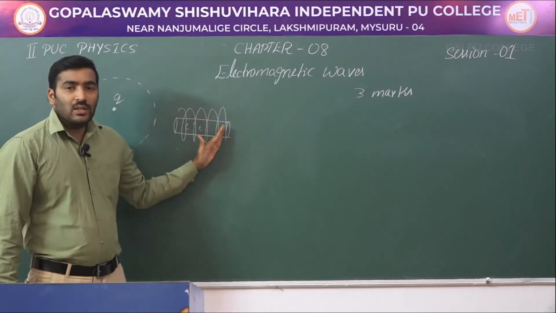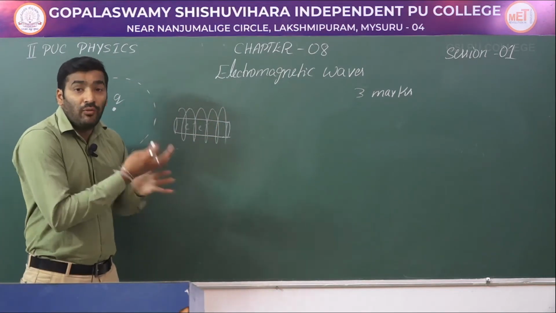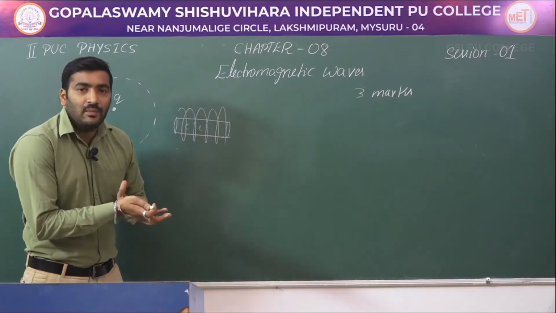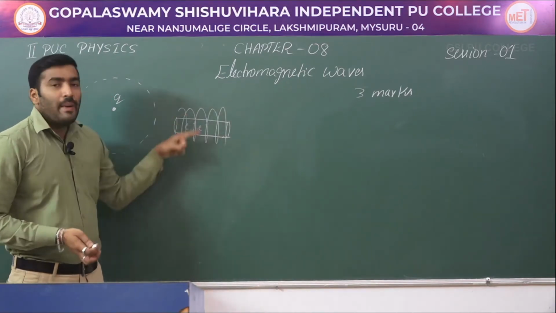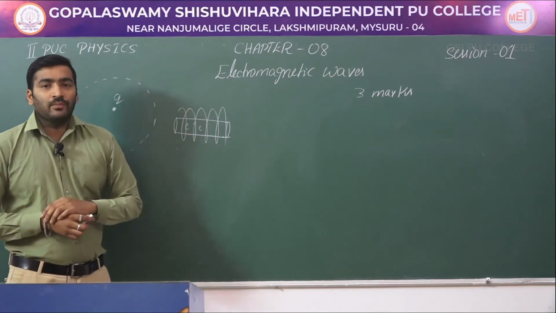A moving charge, a charge which is moving with a uniform or constant velocity, can produce a magnetic field around it.